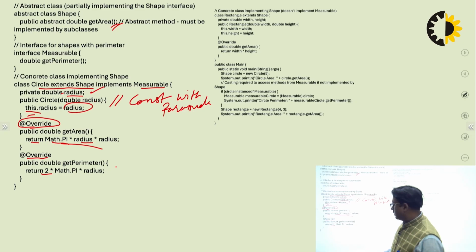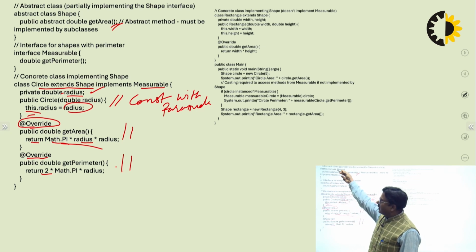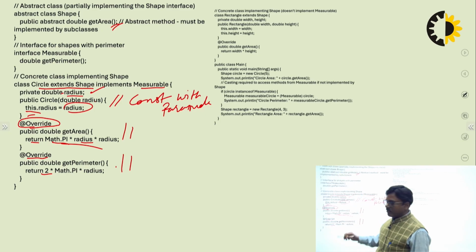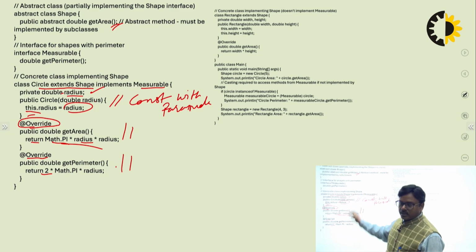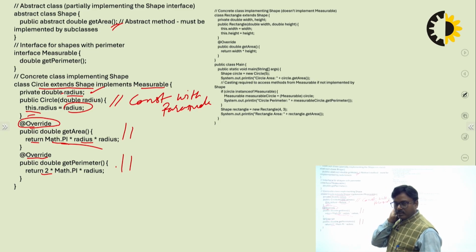So this is exactly the definition given in the Circle class, by inheriting the superclass, the abstract class Shape. That is what the definition is: an abstract method can be declared without a definition, and that definition will be given in a subclass which inherits it.